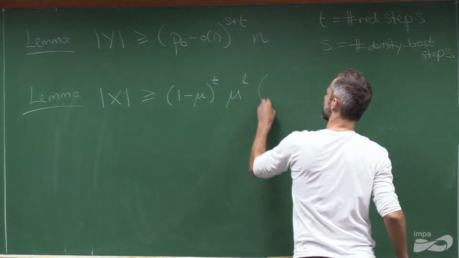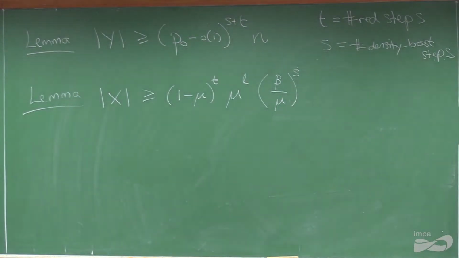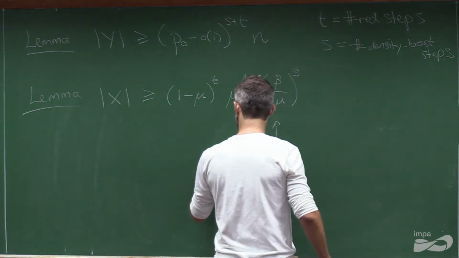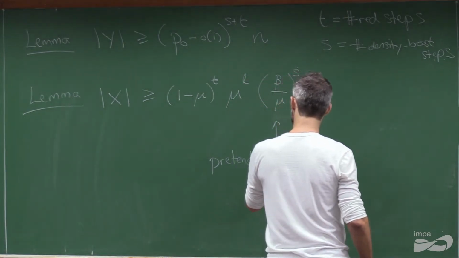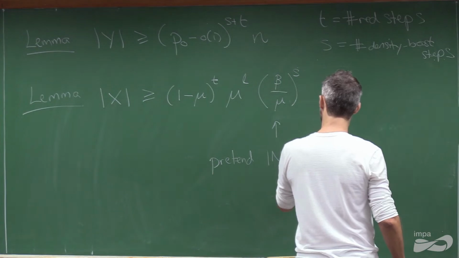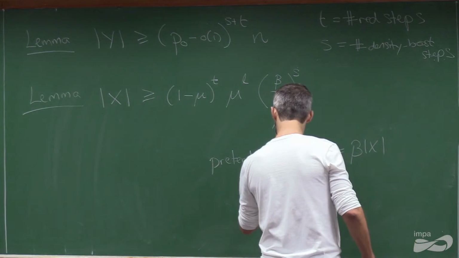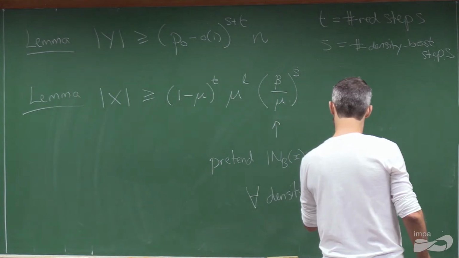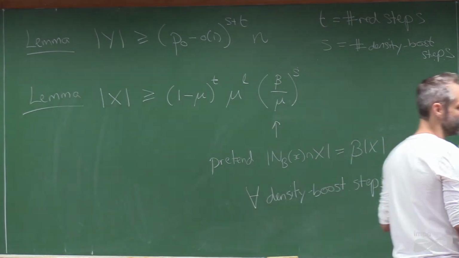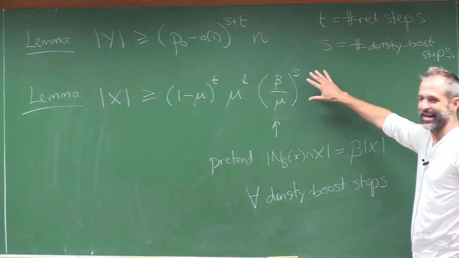We need to pay an extra beta over mu to the s. So here I'm pretending the size of the blue neighborhood of x, intersected with x, is beta times x for all density boost steps. We're not really going to assume this in the proof, but let's pretend it for now.